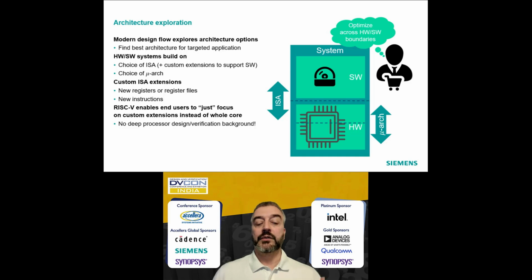So this is illustrated in this picture here, where you have the ISA as the boundary between the software and the hardware, and moving this slider up or down gives either more complex hardware with less complex software, or more complexity in software but less complex hardware. And similarly, you have the slider here on the microarchitecture side, where again you can trade off lots of things in the different microarchitectures.